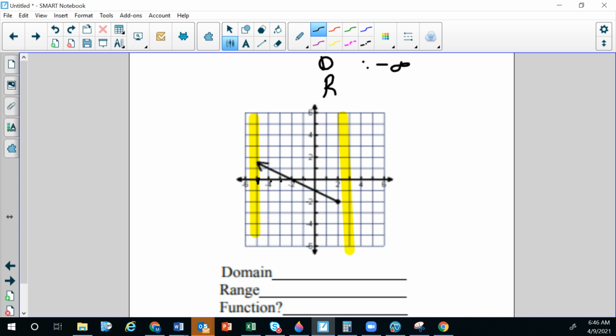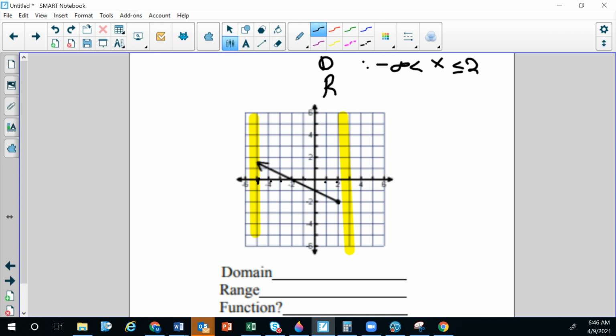It is not -5. The graph doesn't stop here. It just keeps on going. And on the right side now, my units are 1, 2. It's a closed circle on the right side, so I'm going to use less than or equal to. And I'm sorry, on the left side, where the arrow is, it's going to be less than. And so I can put my X there.